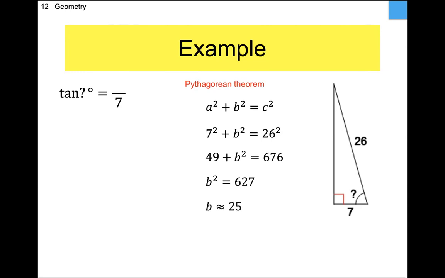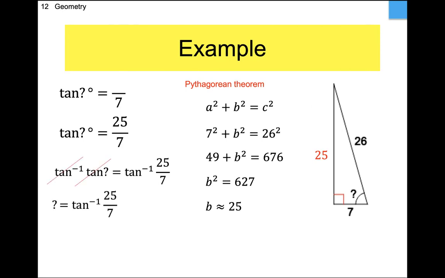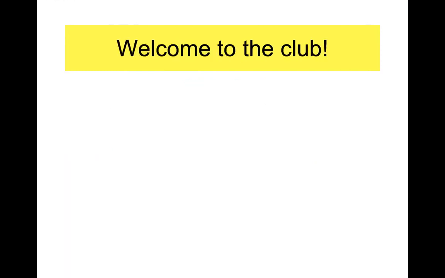So I know the opposite side now, the side that I needed, was roughly 25. So I'm going to toss that in there, take the inverse tangent of both sides. If you know how this drill works, as soon as you know the opposite and the adjacent, you can just type that directly into inverse tangent and skip that step that I just did to get to your final answer of 74.4. And there you go.